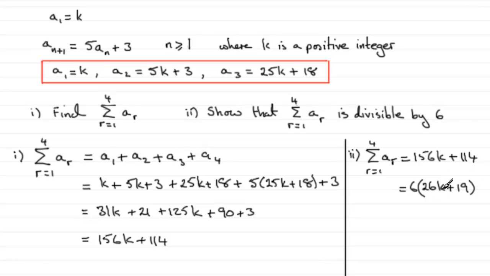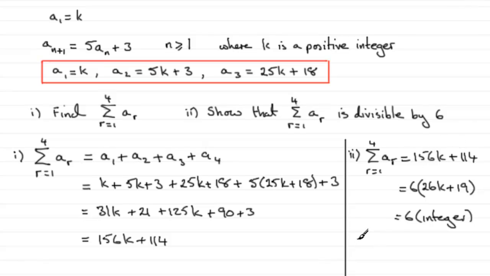Now because k is a positive integer, we know that 26 times a positive integer plus 19 will still be a positive integer. So what we've got here is 6 multiplied by another integer. So that means that 6 must be a factor then of this value.